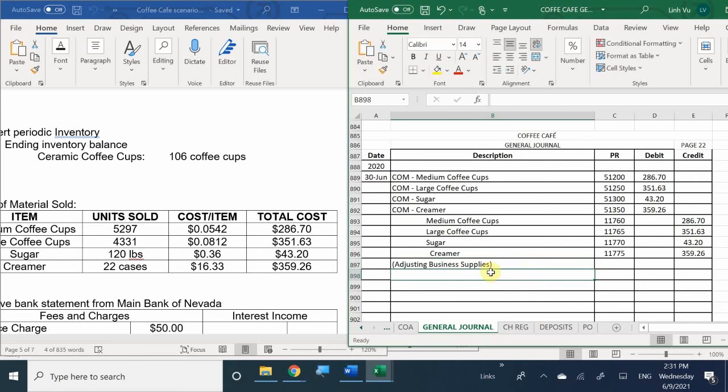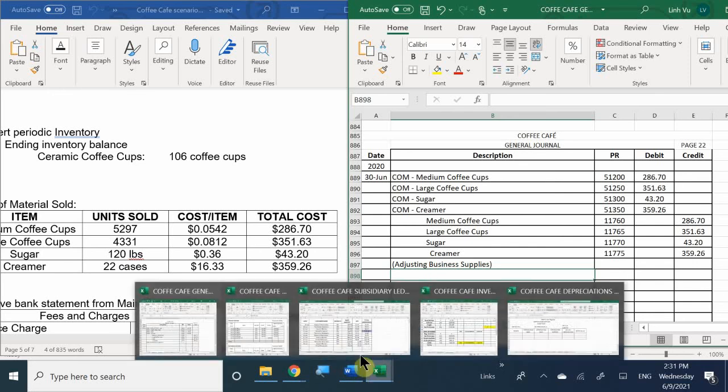I got 286.70 for my medium coffee cups, 351.63, 43.20, 359.26. Okay. So now that we have my journal, let's place it into the ledger, and it will make a lot more sense.